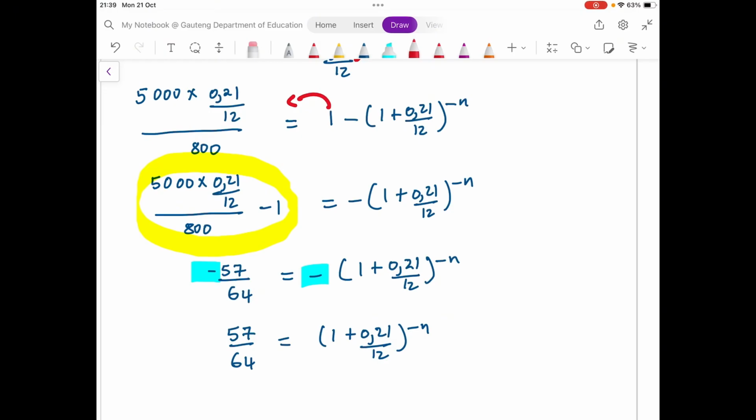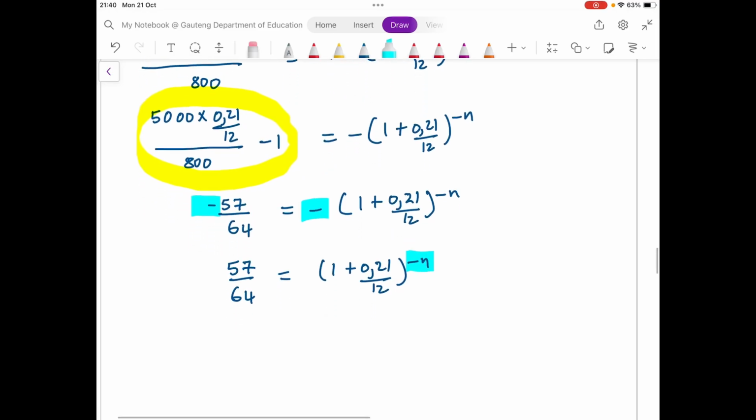Now n that I am looking for is an exponent, so I need to introduce logs here. So I will have negative n is equal to log. This is my base. My base is 1 plus 0.21 over 12, of a number. The number is 57 over 64.